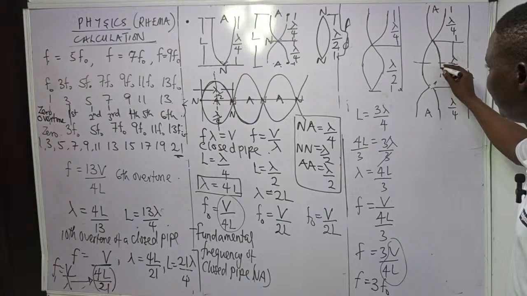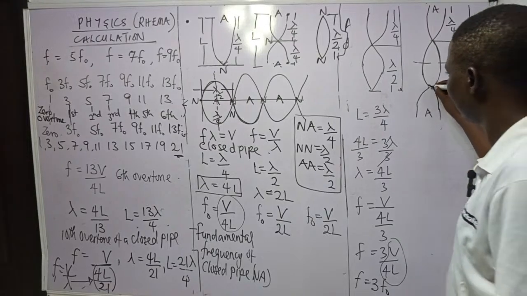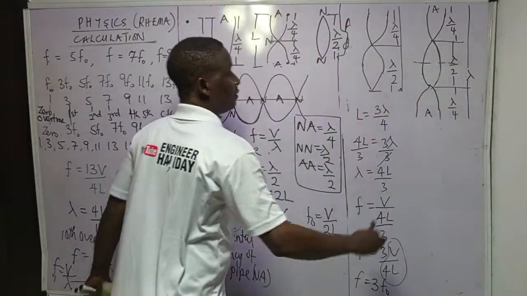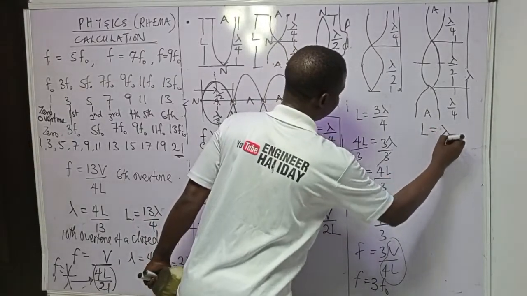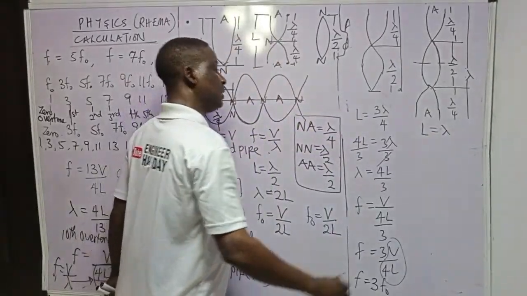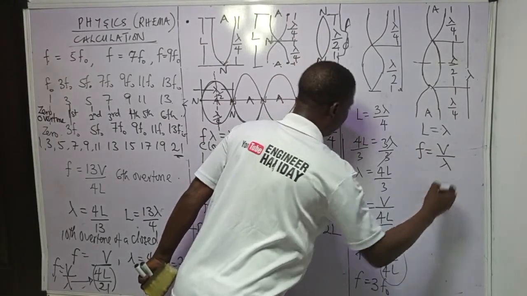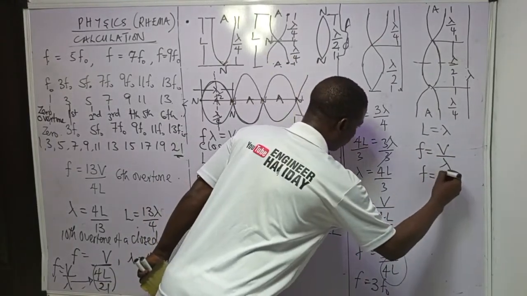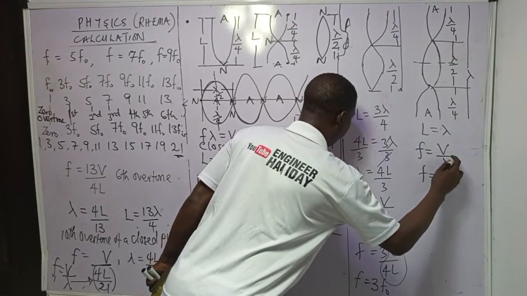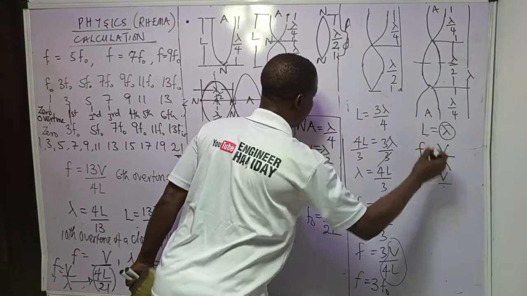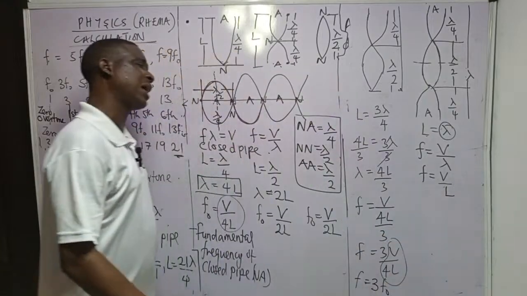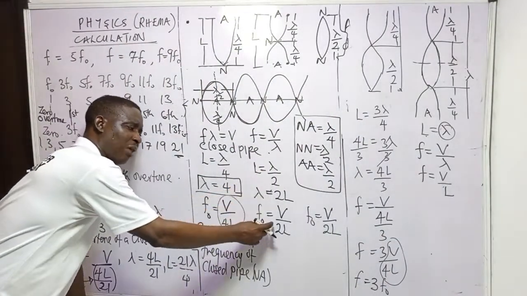Now our L is lambda. Then we are going to have frequency equal to velocity over lambda. That means frequency will be V over, you replace lambda with L. I want to write it to favor what I have written before.